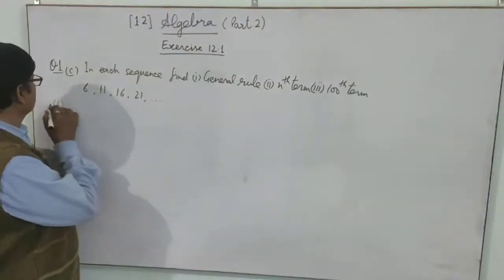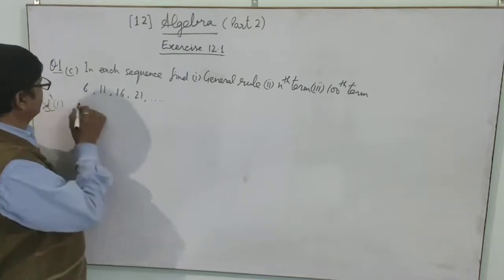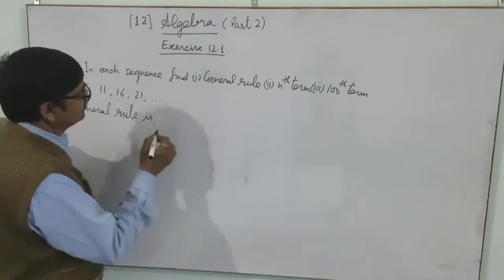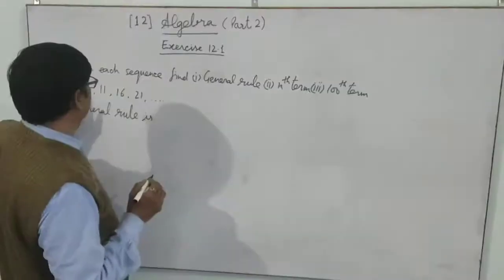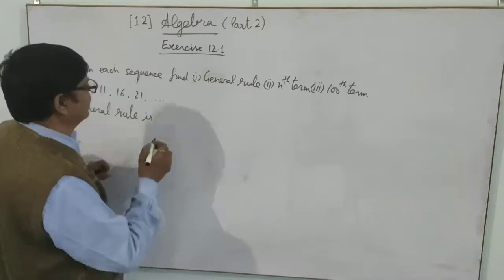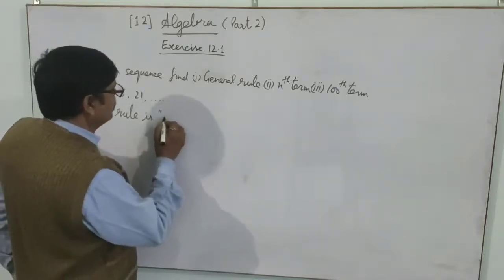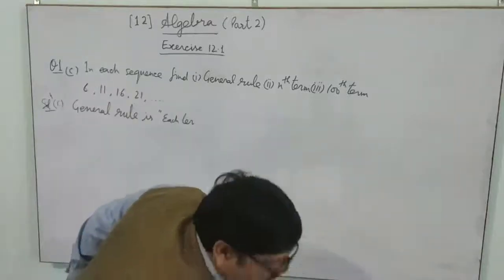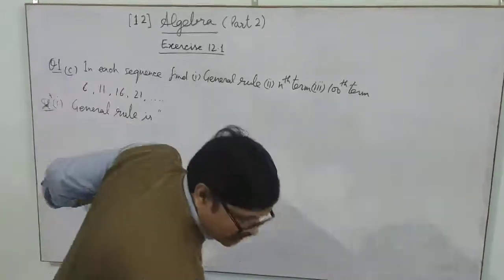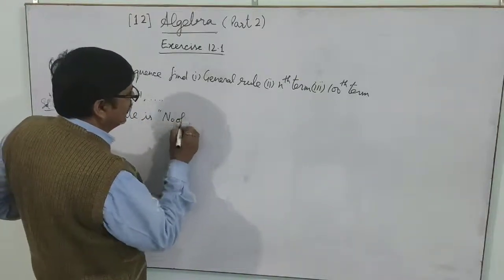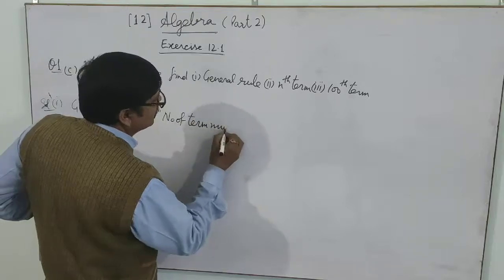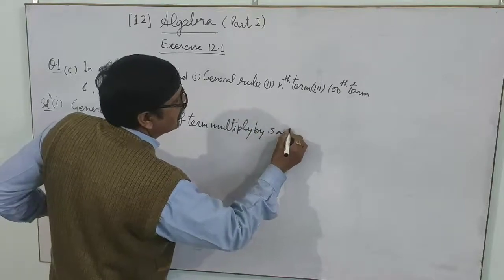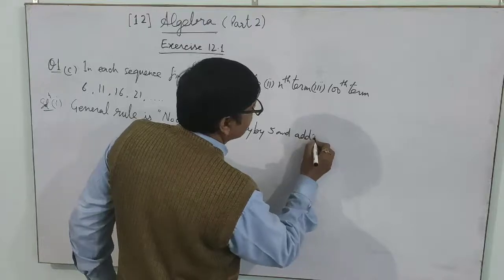So, solution: the general rule is that each term is obtained by multiplying the number of the term by 5 and adding 1.